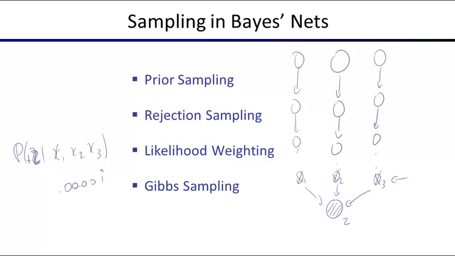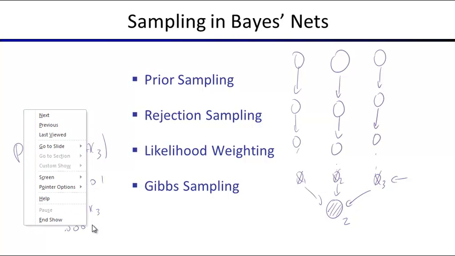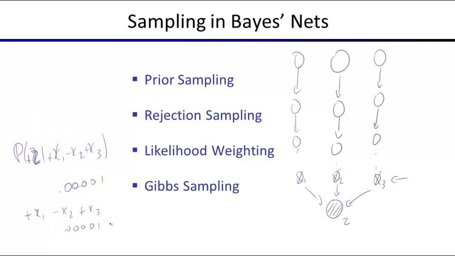Again, maybe this was for plus x1 minus x2 plus x3. Try it again, and you end up with plus x1 minus x2 plus x3 again. Tough luck again, 0.00001. Then you end up with something else, plus x1 minus x2 minus x3.